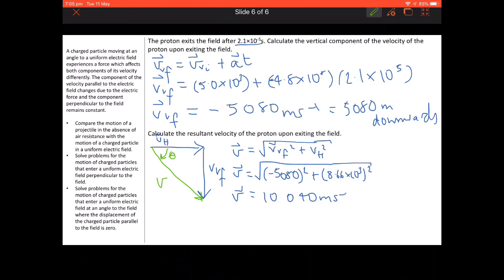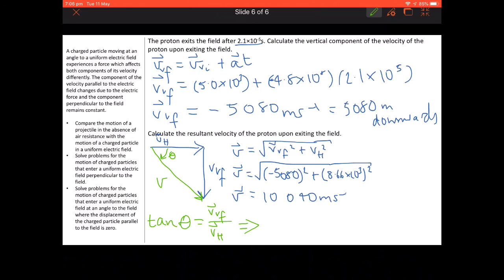We still have to work out the direction because velocity is a vector. So we're going to work out the angle clockwise to the horizontal velocity. To do this, we'll use tan of the angle, and that's equal to the opposite to the angle, which is the vertical velocity final, divided by the adjacent to the angle, which is the horizontal velocity.